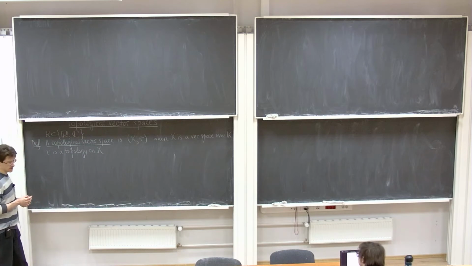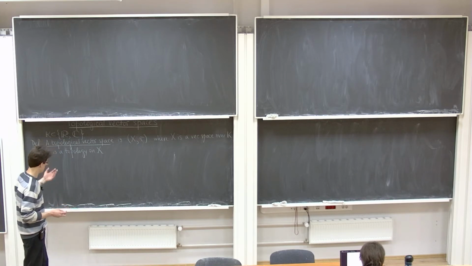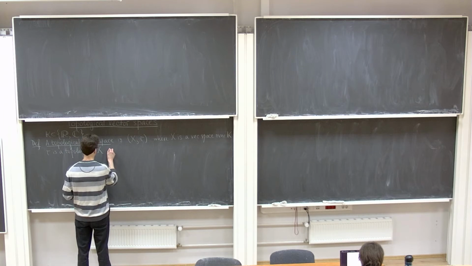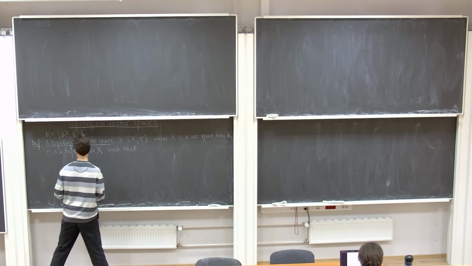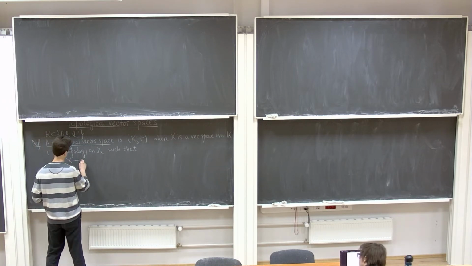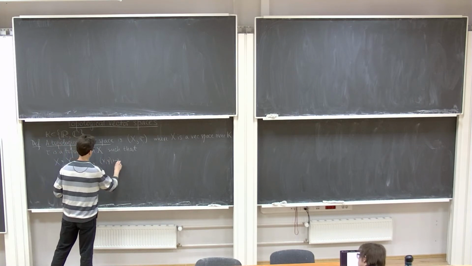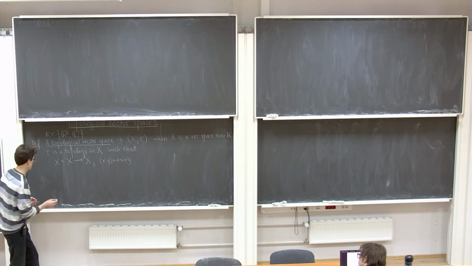And we require that these 2 structures, the algebraic structure of vector space and the topology, are compatible. Namely, we require that the algebraic operations, we have 2 operations, the plus operation, which takes x and y to their sum, and the multiplication by scalars.